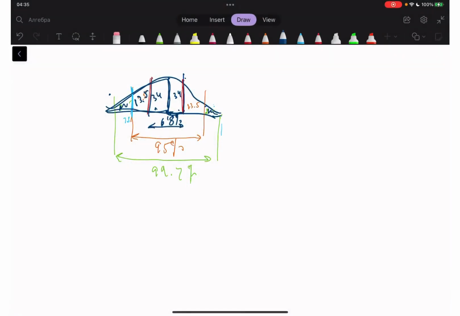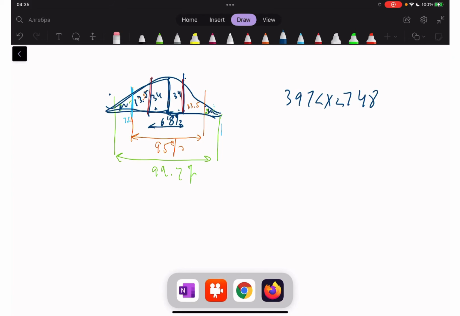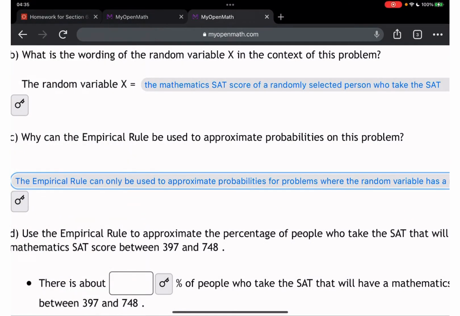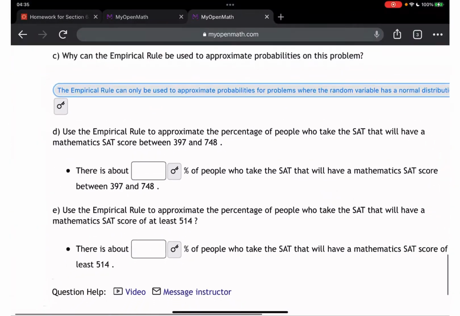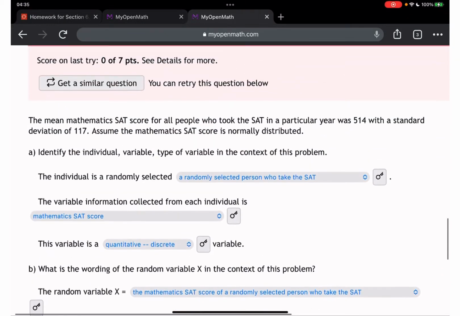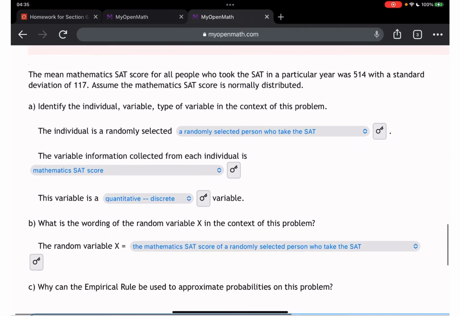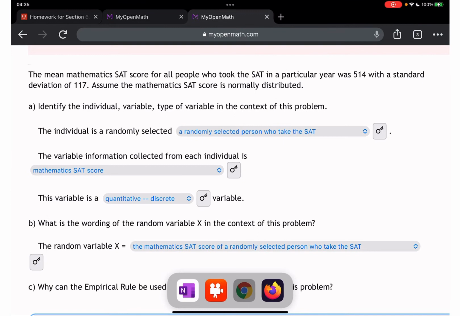Let's write down 397, 748. Okay, and we also need to know from the beginning that the mean is 514 and the standard deviation is 117.